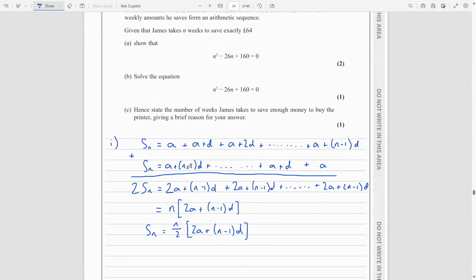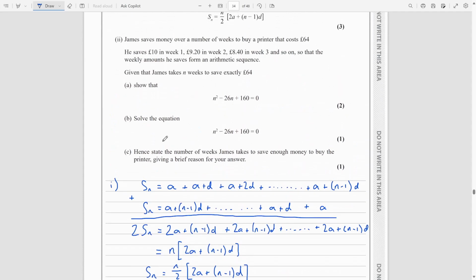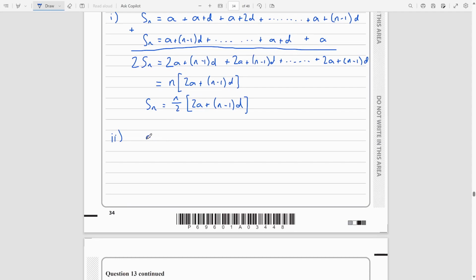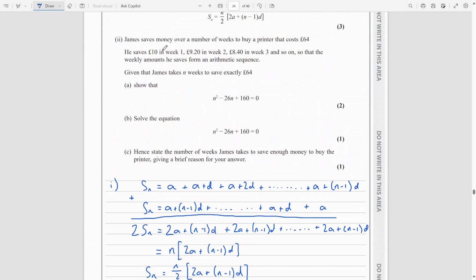Well, what do we know about the way that he's saving? We know that the first term in the sequence is £10. So a is 10. And the difference, well, it's minus 0.8 because he's saving 80p less each week.